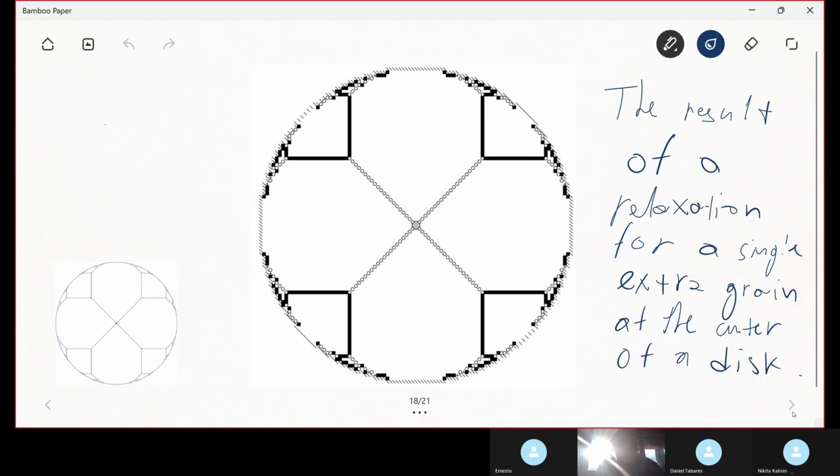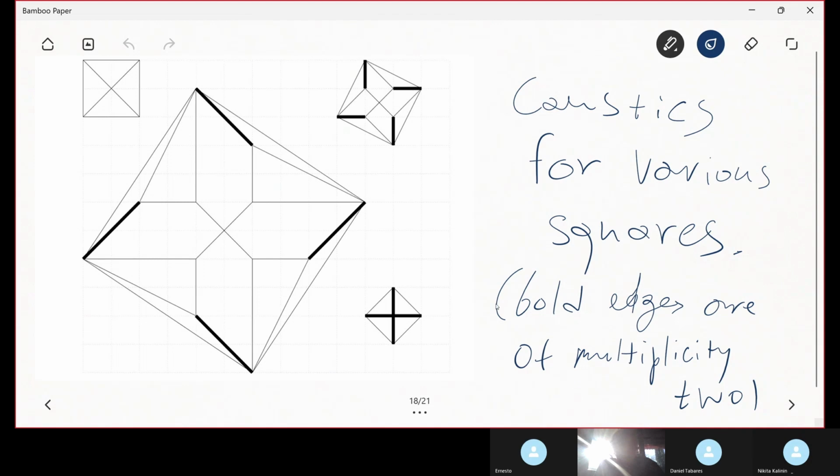Okay. And I wanted to include these pictures. I like them also very much. This is how the caustic curves look for different squares, in terms of this SL2Z.